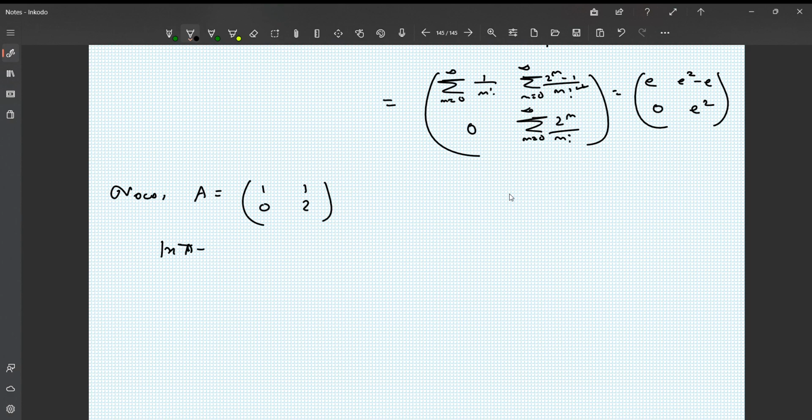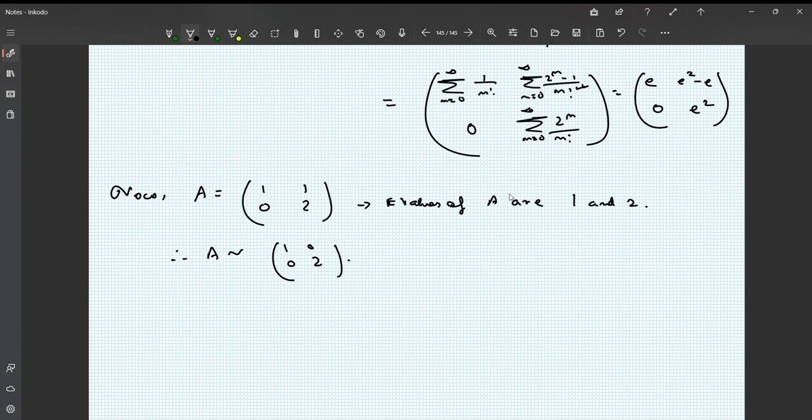It's quite obvious, so I'm not calculating it anymore. The eigenvalues of A are 1 and 2. Therefore, clearly A is similar to a diagonal matrix of the form 1, 2, 0, 0. But we need to write A equal to something. Otherwise, we won't be able to calculate e to the power A.